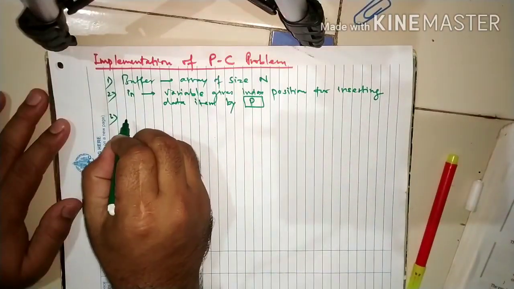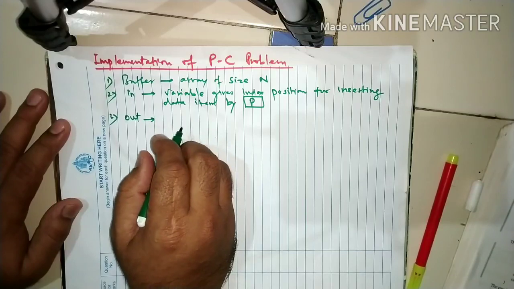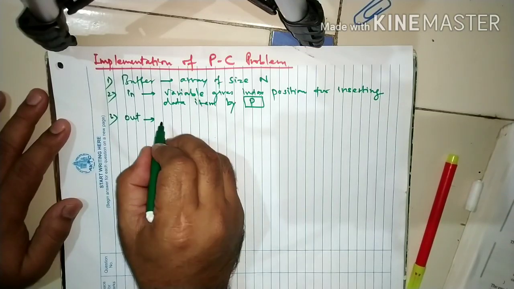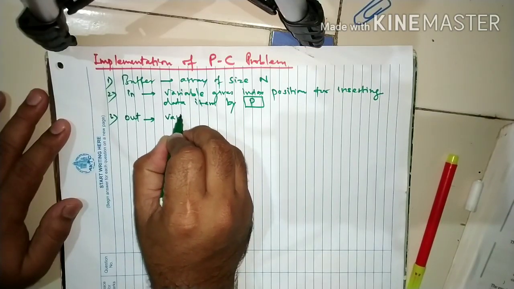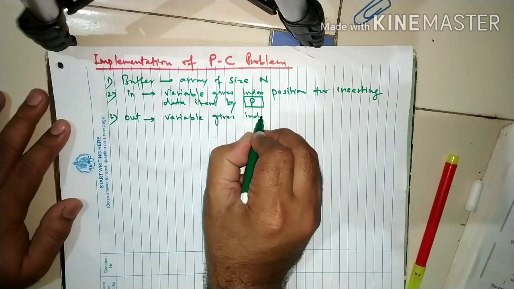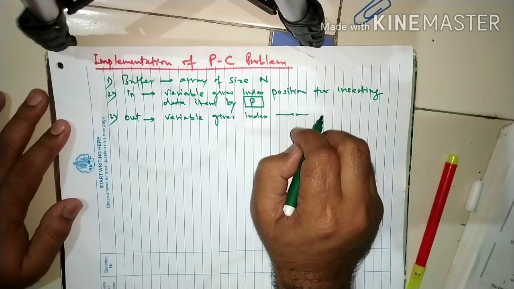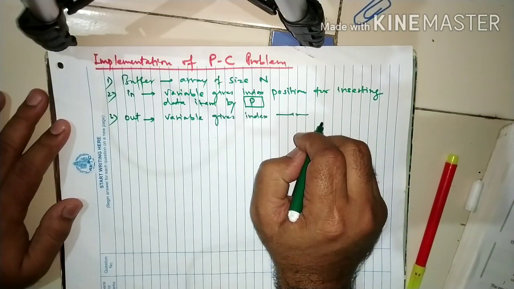Third, we have the variable out. Again, out is a variable which gives the index position for consuming, because here we have to remove the element.